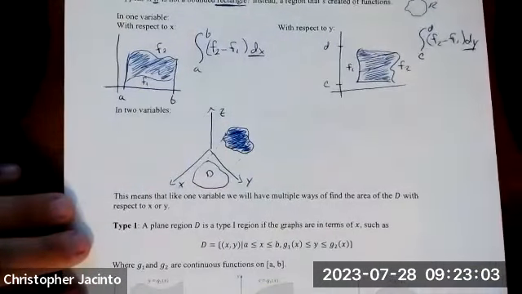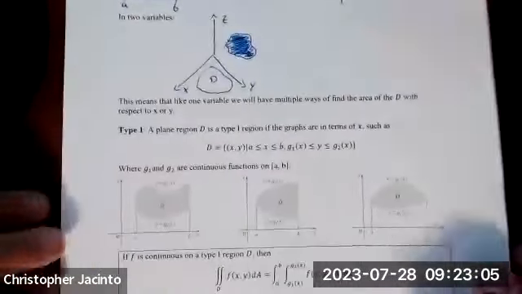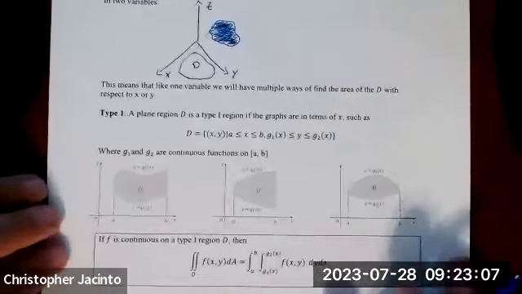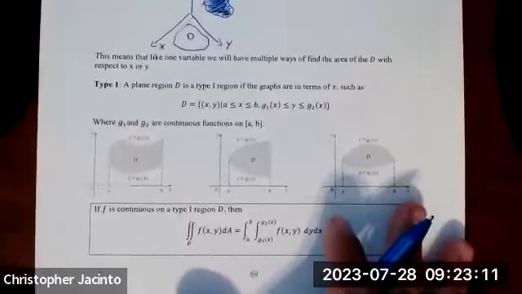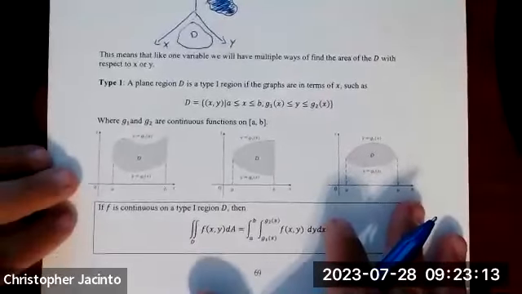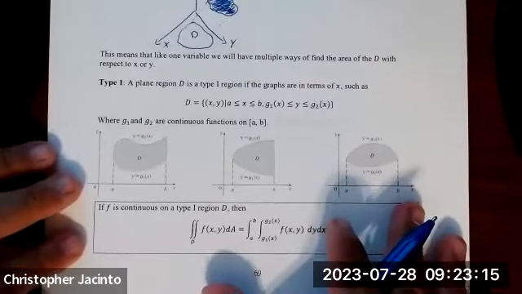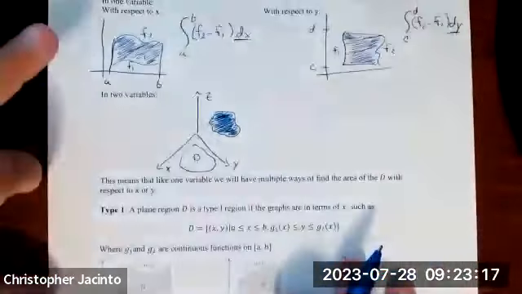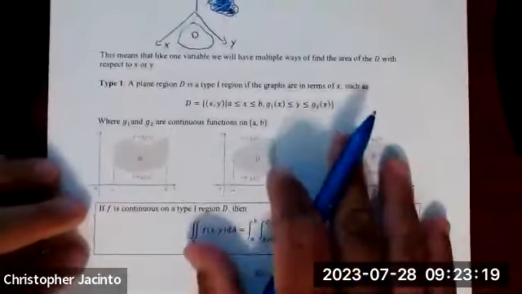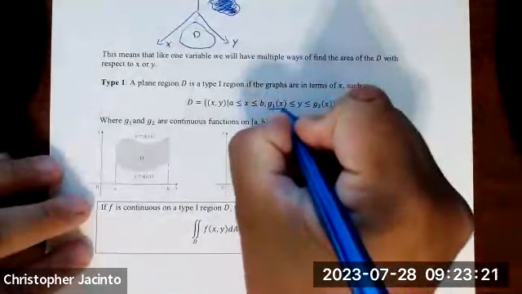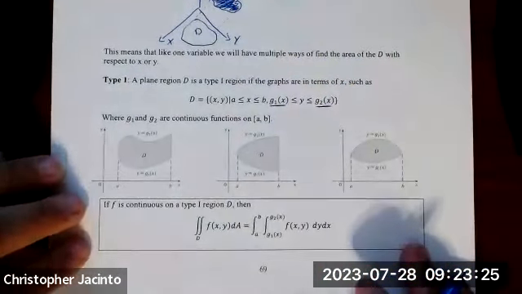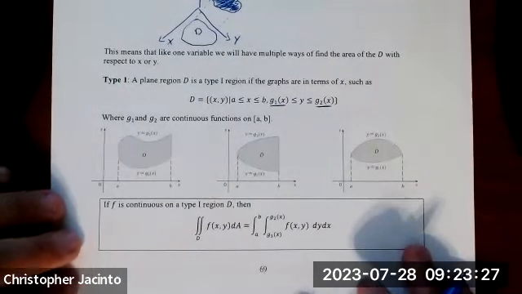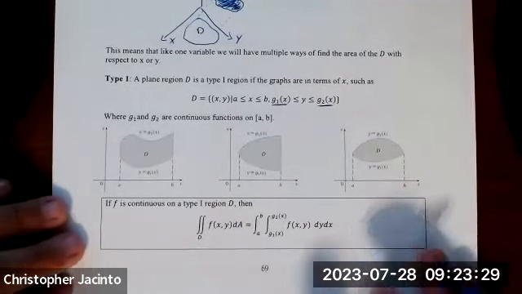Okay. Unfortunately, when it comes to double integrals, we have more different types. The first type, the easiest way, is where x is fixed, kind of like we have here, and y has bounds with respect to x. So y is bounded by a region in terms of x, two different functions.